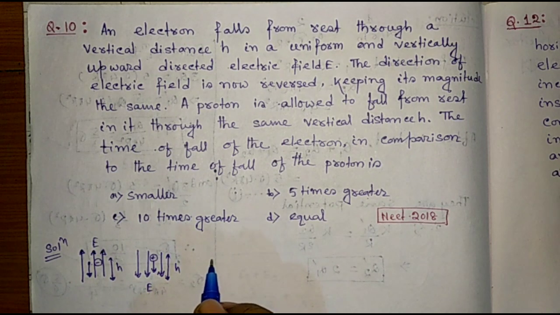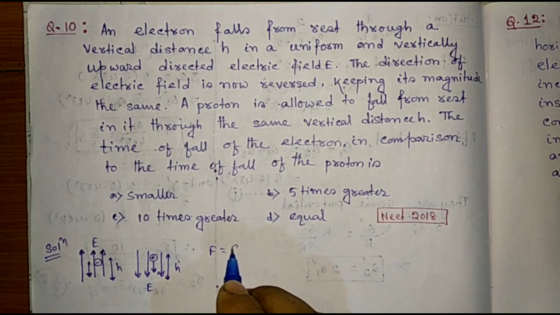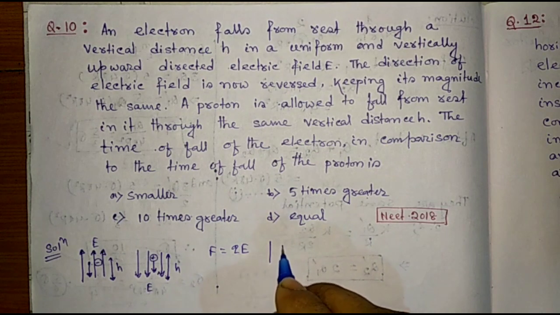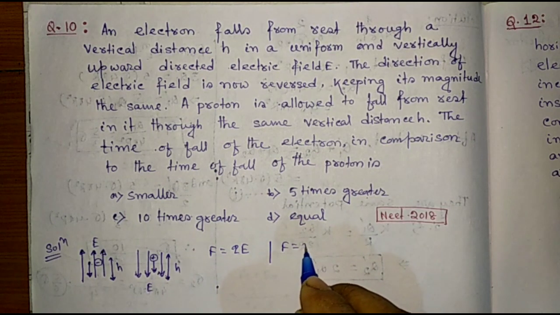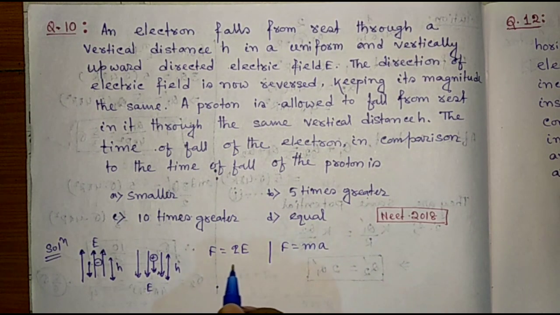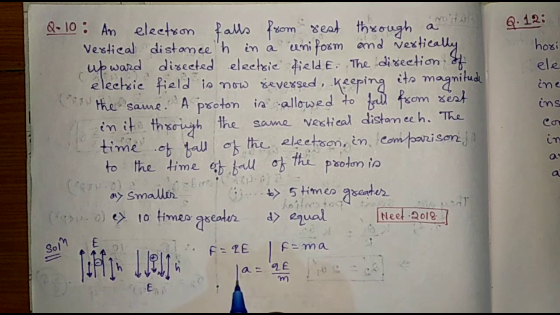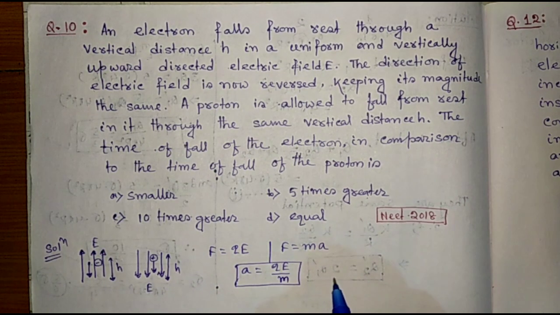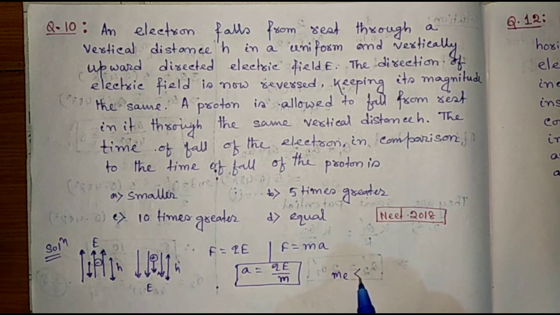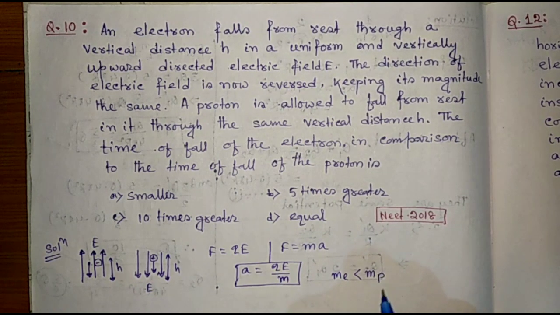Now we know that F is equal to QE, and again we know F is equal to MA. By combining those we get a equal to QE by M. This is the acceleration. The mass of the electron is less than the mass of the proton.